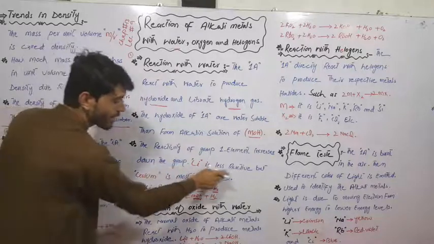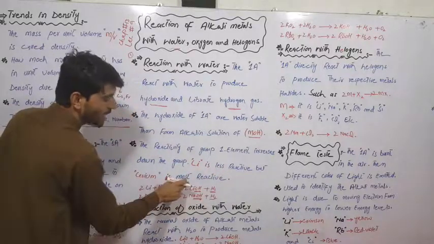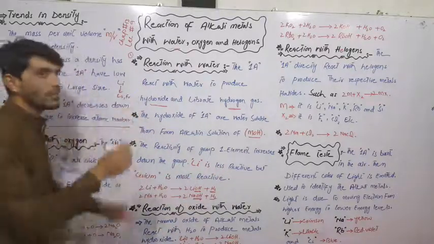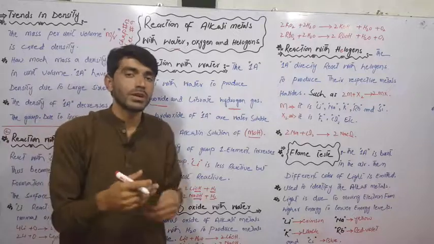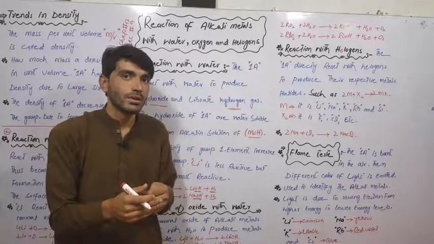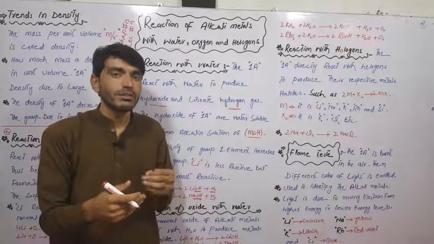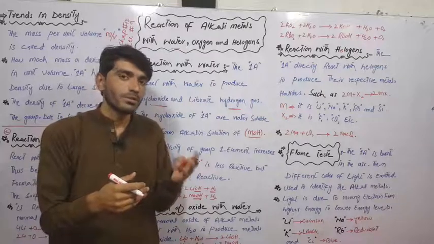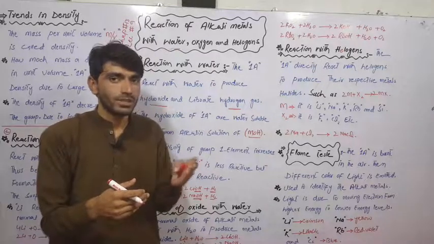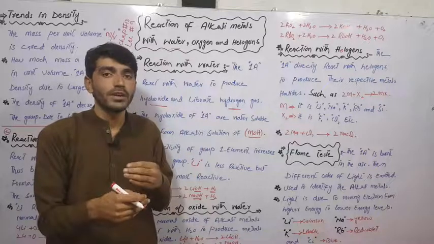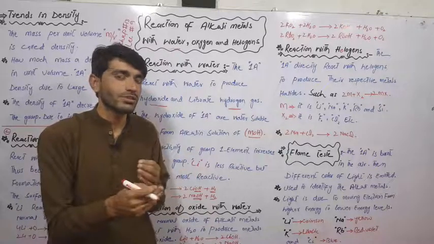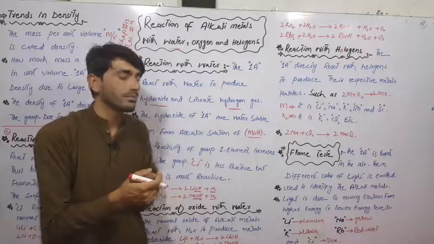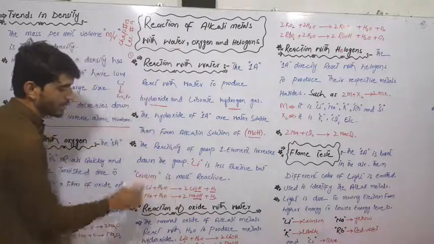Why are they reactive? Because shielding effect increases, force of attraction decreases down the group, and number of shells increases. So the force of attraction between the outermost electron and nucleus decreases, so that's why it donates electron easily. Clear? So this was the point.